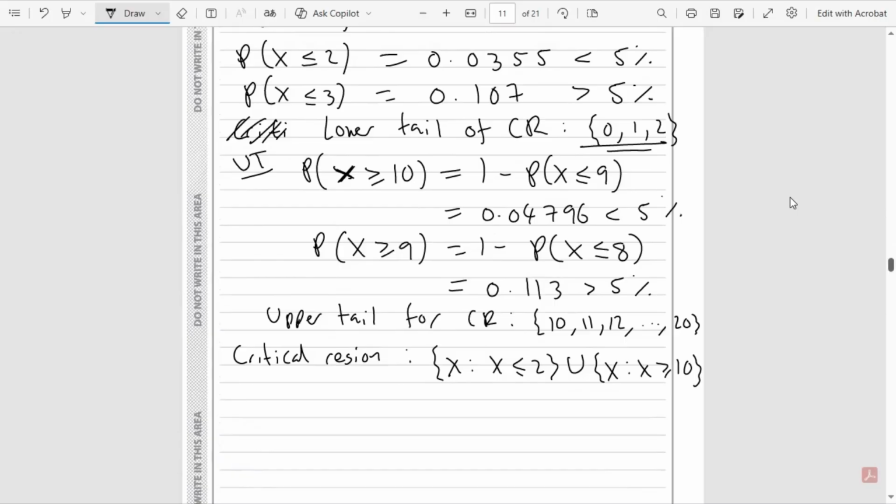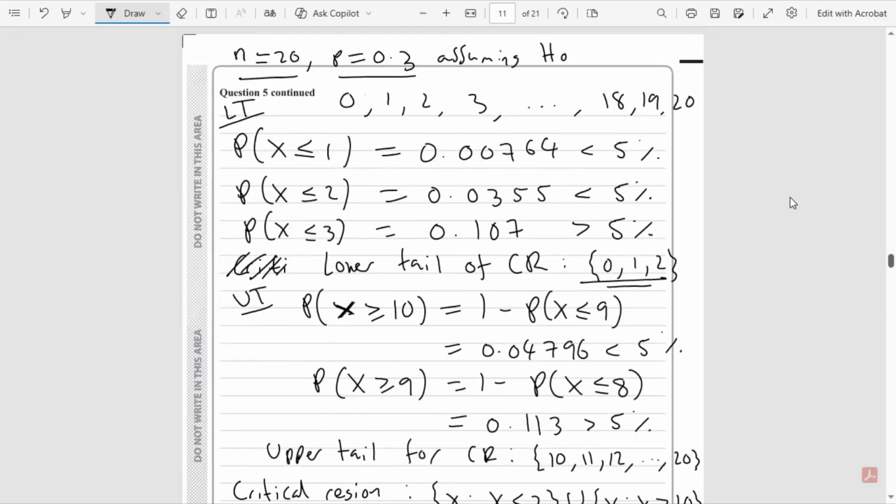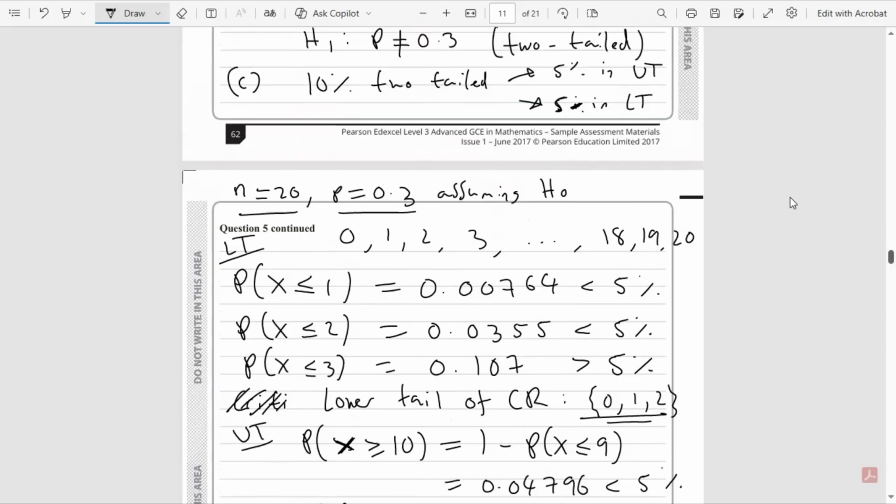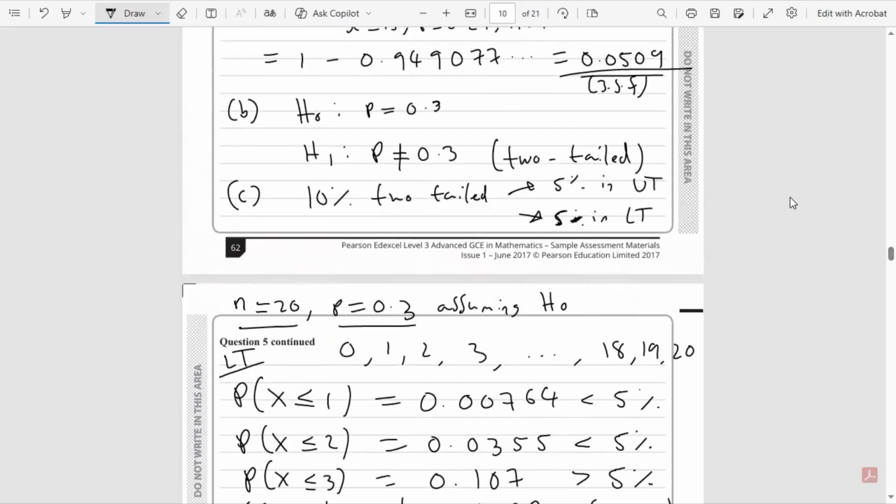Now, to be honest with this question, what I really should have done is defined what X is. So I'm just going to say let X be binomial with 20 trials and 0.3 success rate.